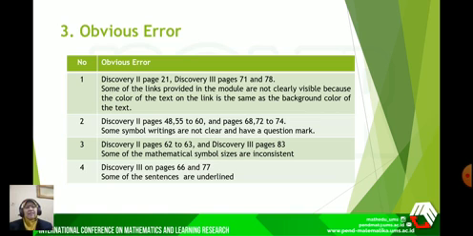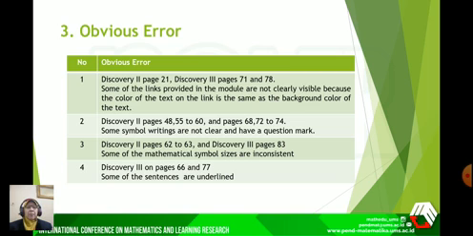The third result is about obvious errors. The obvious errors in this research are errors in the module that are legible or visible. Based on the result of the interview with the subjects, several visible errors were found in the module, as follows. In Discovery 2, page 21, and Discovery 3, pages 71 and 78, some of the links provided in the module are not clearly visible because the color of the text on the link is the same as the background color.